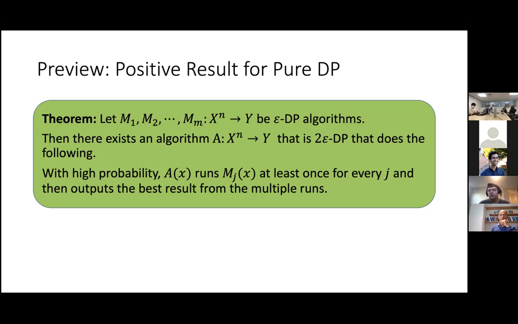Thomas, so there's like 2 algorithms in Liu Talwar, right? One is the 3 epsilon, which is kind of like weaker, and then they do some sort of fancy stuff to get down to 2 epsilon. Is that right, or something like that? So in the Liu Talwar paper, they do have an algorithm that gets 2 epsilon, but it's a slightly different statement. Here I'm saying I'm going to run all the algorithms, I'm going to output the best.